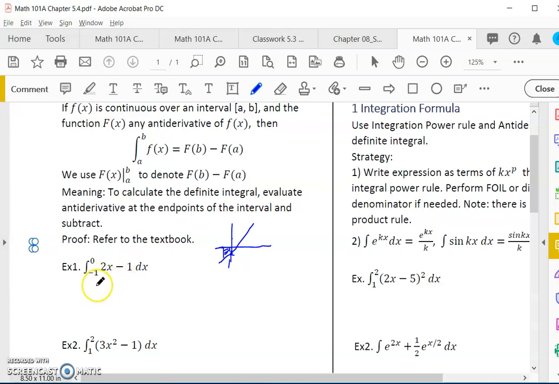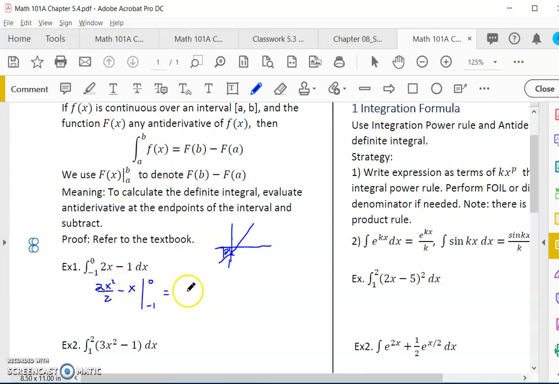The antiderivative of this would be 2x squared over 2, right? Because 2x is 2x to the 1, minus, if I have a constant, the antiderivative is x. And then I need to plug in from negative 1 to 0. That's how I write it. Do the antiderivative and then plug in b, a. Now that means that is x squared minus x, right?